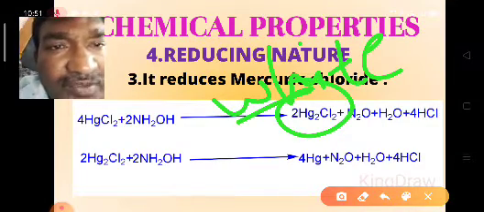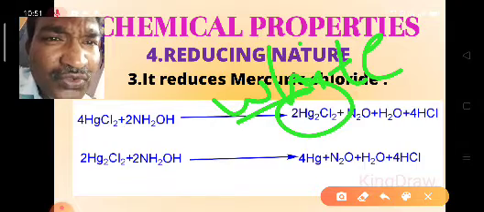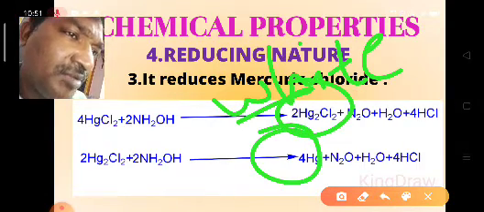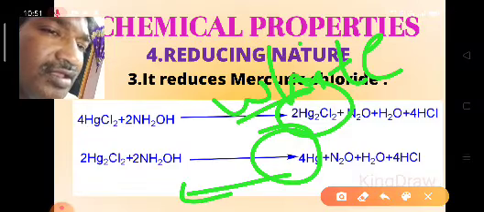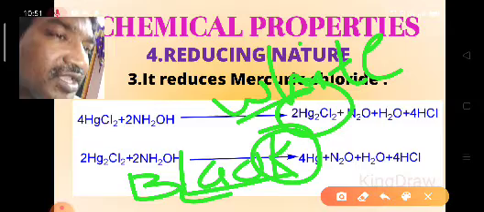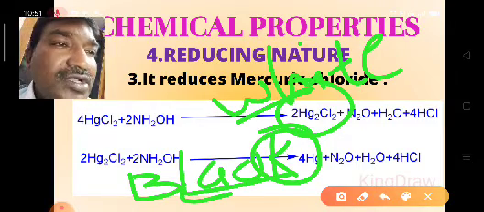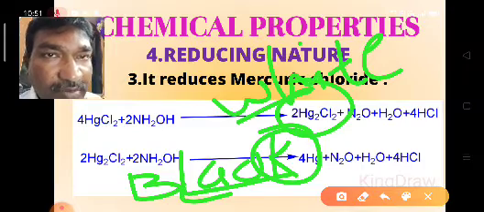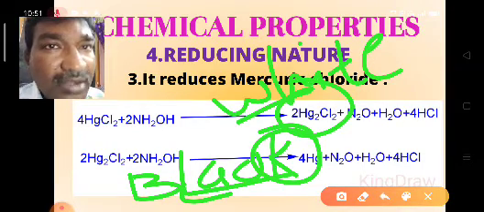Immediately after, this mercurous chloride reacts again with hydroxylamine and gives a black color precipitate, that is mercury. So here we get the mercury in the form of black color.